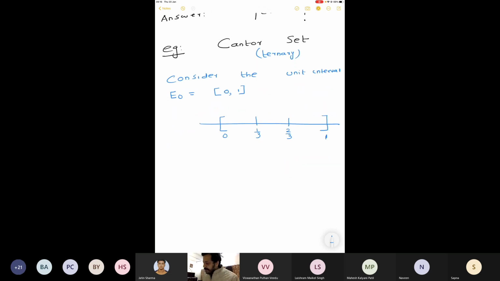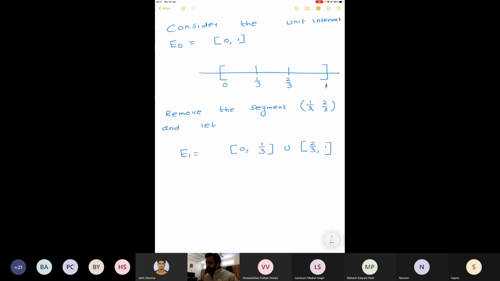Remove the open interval (1/3, 2/3). And let what is left be E1. E1 would be equal to [0, 1/3] union [2/3, 1], both closed.